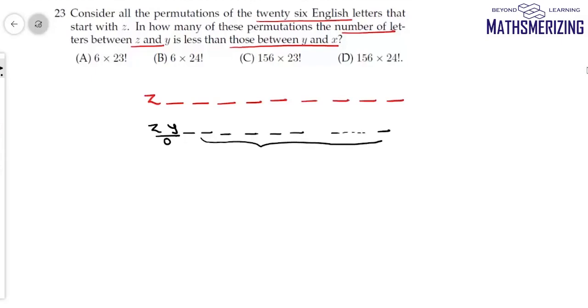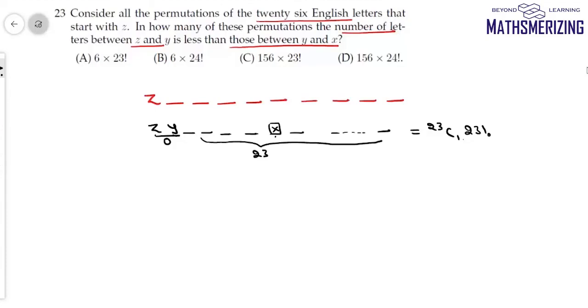So how many positions are available for this X? From these 23 positions, I'll need to select any one position. So this is 23C1. I'll choose any one position, and there I'll fix X. So now Z has a position, Y has a position, and X has a position.